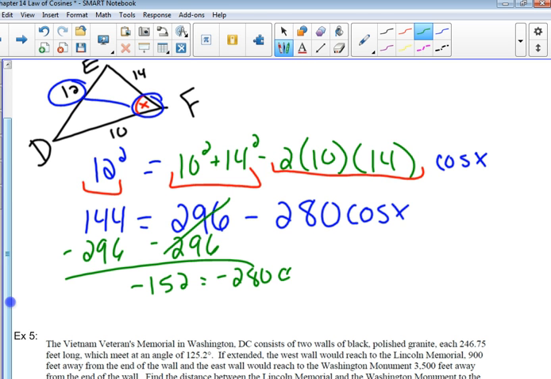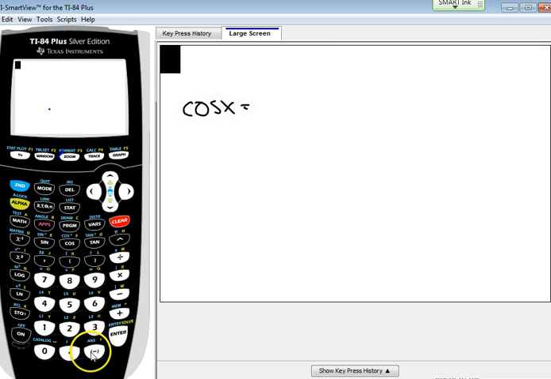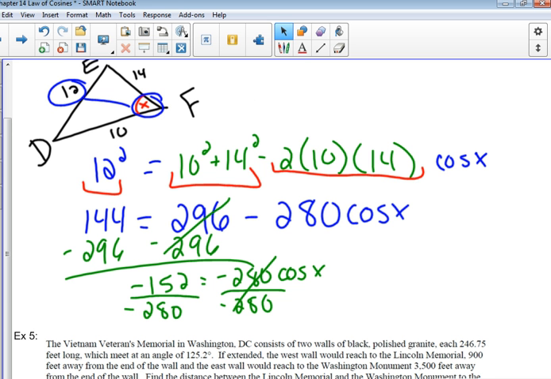Not square root, keep in mind we're trying to find the angle. Check this out, make sure your blue stuff's right. Negative 152 should be 69 divided by 67.